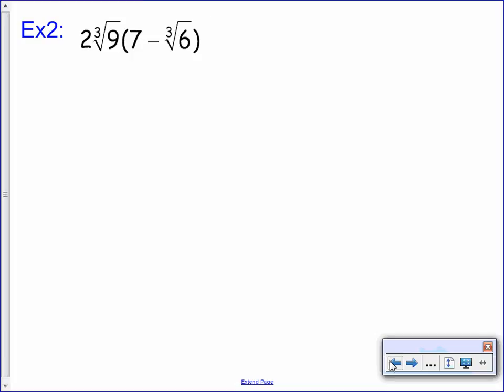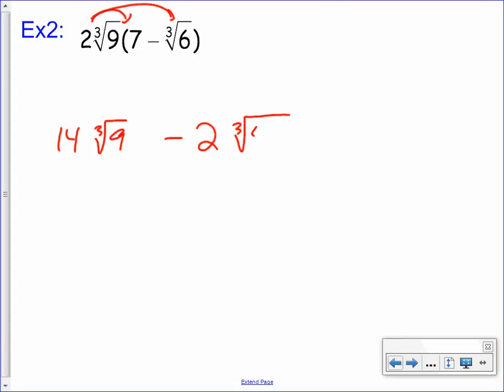Okay. Here we go. First, 14 cube roots of 9 minus 2, right? 2 goes on the outside, cube roots of 54.